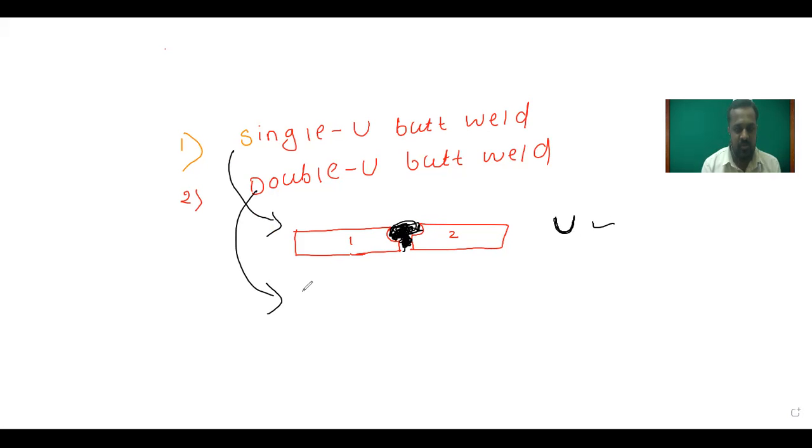Again in similar manner, we have to draw. So this is the plate number 1. The edge of this plate we also have to cut in similar manner, like this. And again, on the bottom side also, we have to cut the edge like this.